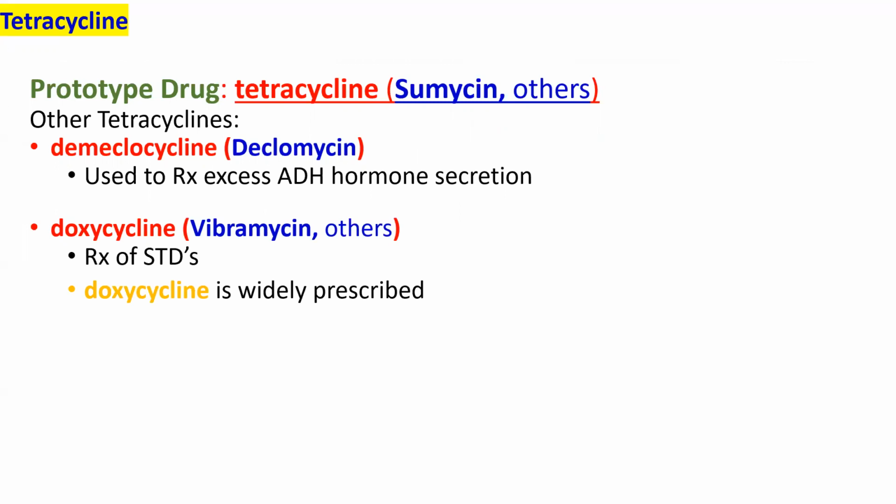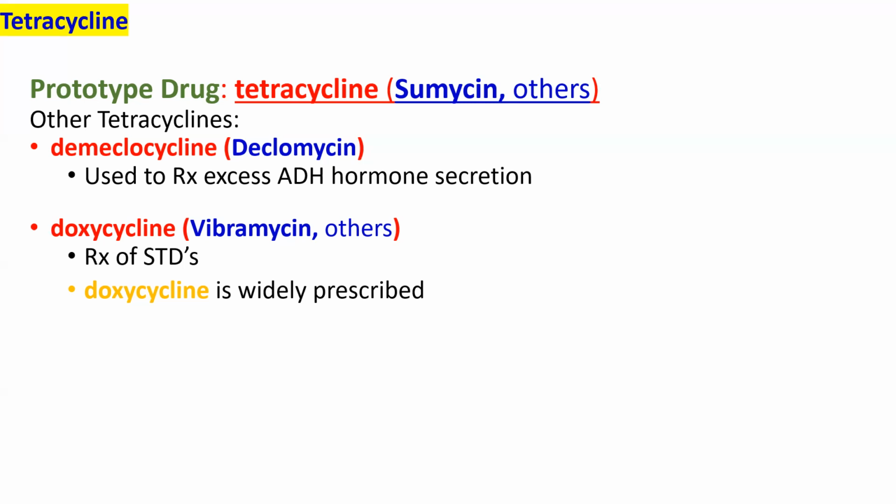Demeclocycline is used to treat excess ADH hormone secretion, in order to increase diuresis.